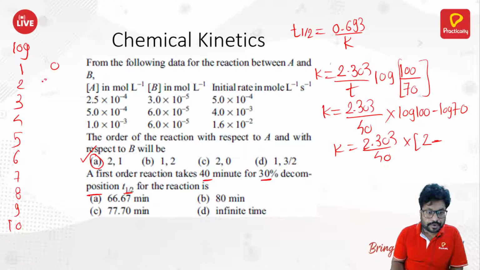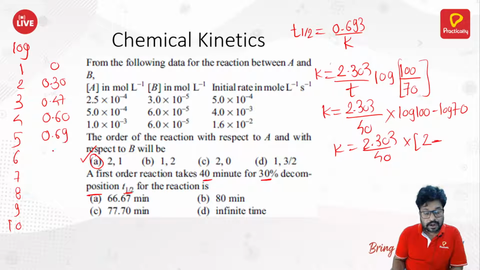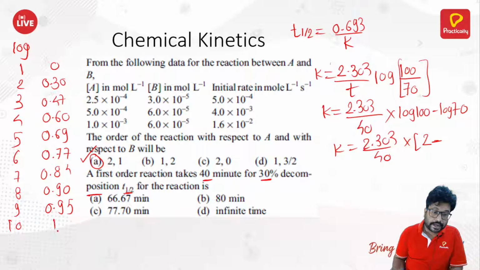Log of 2 is 0.30. Log of 3 is 0.47. Log of 4 is 0.60. Log of 5 is 0.69. Log of 6 is 0.77. Log of 7 is 0.84. Log of 8 is 0.90. Log of 9 is 0.95. And log of 10 is 1.